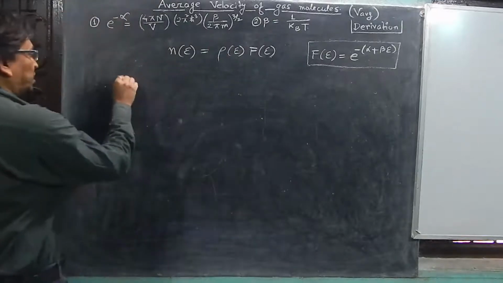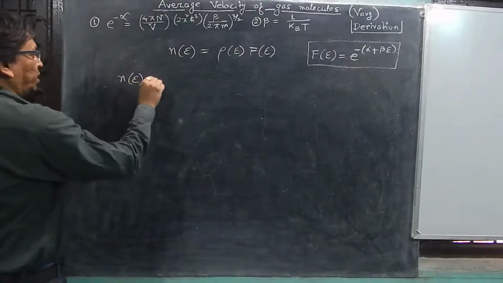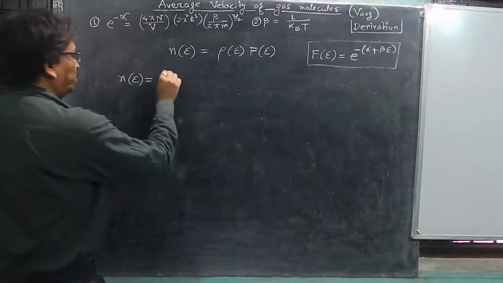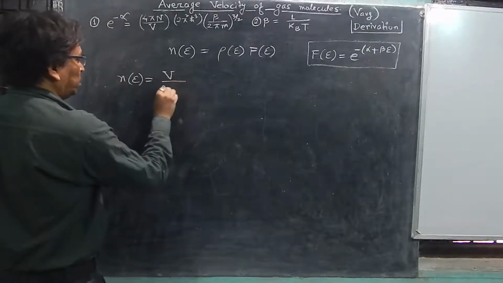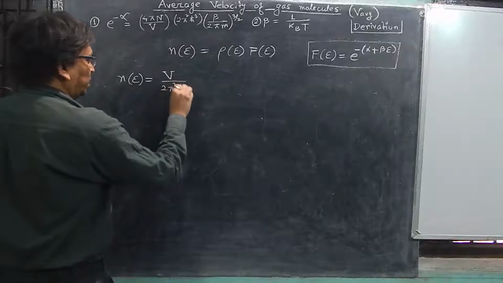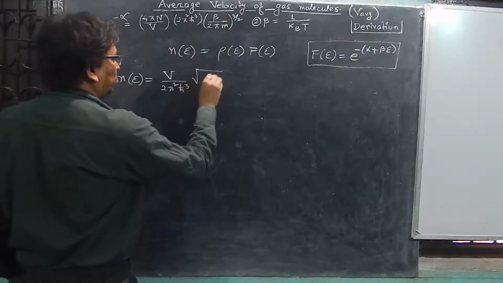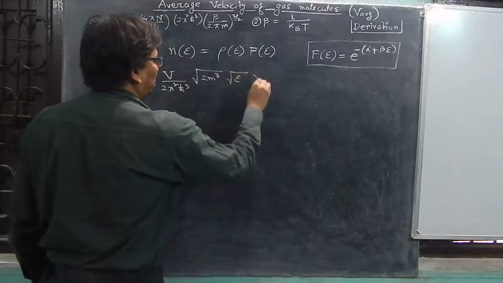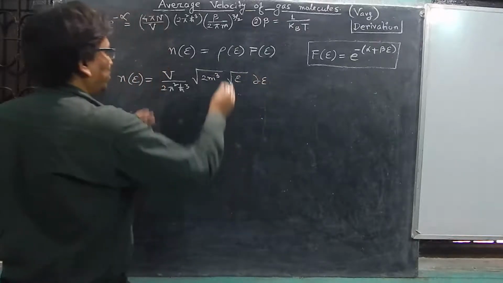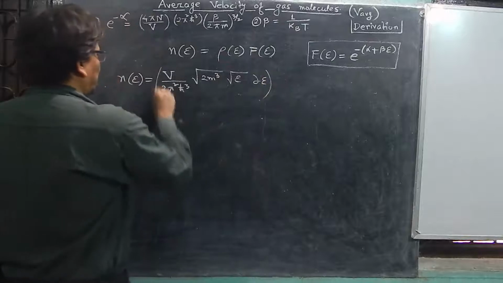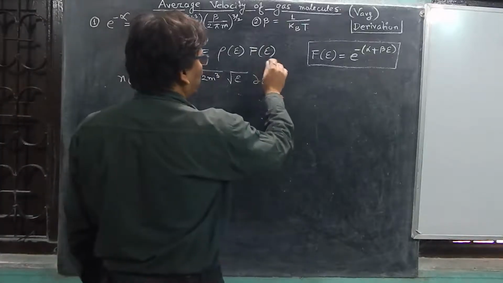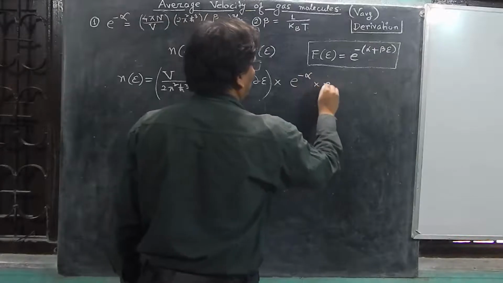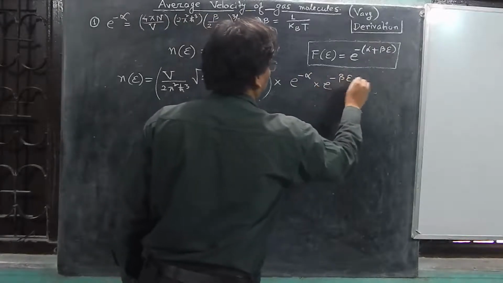If I write the total value, the value of this energy space will be V by 2 pi square h bar cube into root under 2m cube, root under epsilon, del epsilon. This is multiplied by the occupancy function, so e to the power minus alpha into e to the power minus beta epsilon.